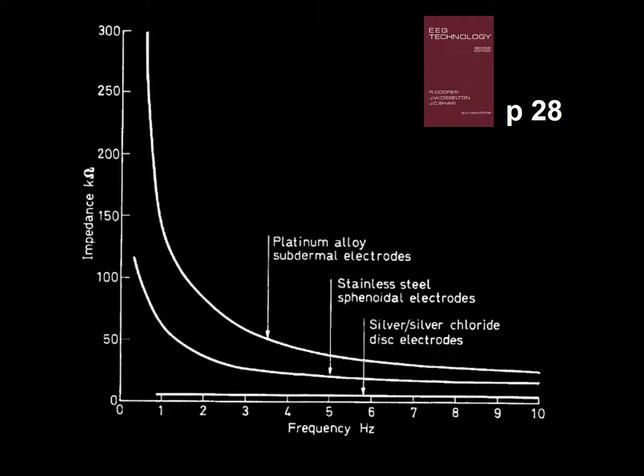As you can see in this frame that I have shown you before, other than for silver chloride electrodes, all other electrodes shown in this frame have more impedance for low frequency waves than for high frequency waves.